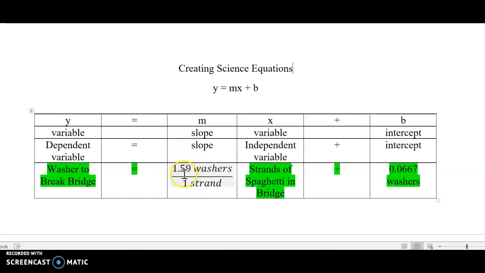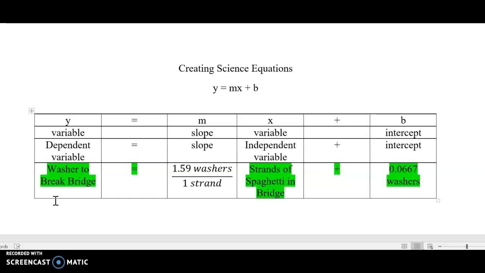Your numerator will be the numerical value provided for you on the graph. The denominator is always going to be 1. So here's my example science equation. Washers to break the bridge is equal to 1.59 washers for every 1 strand times the number of strands of spaghetti in the bridge plus 0.0667 washers.